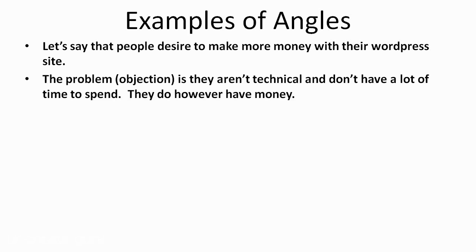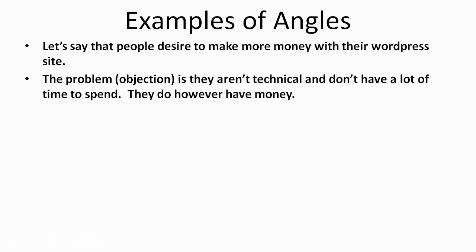So if you've done your research in terms of your audience and you know that the objection is that they are not technical and they don't have a lot of time to spend, but the objection is not that they don't have money, they do have money. So they do have money, but they're not technical and they don't have a lot of time to spend.